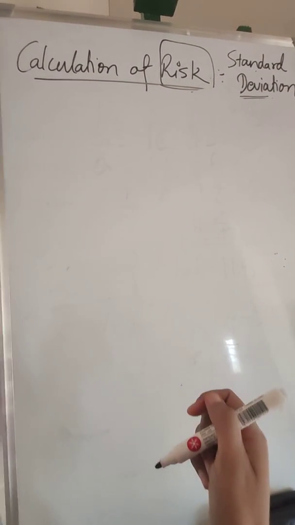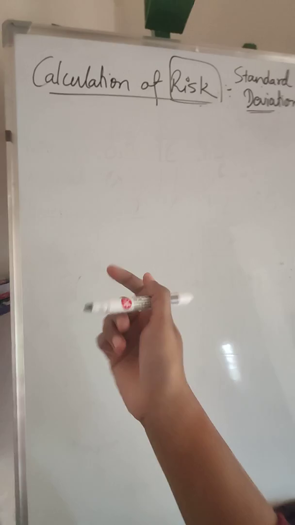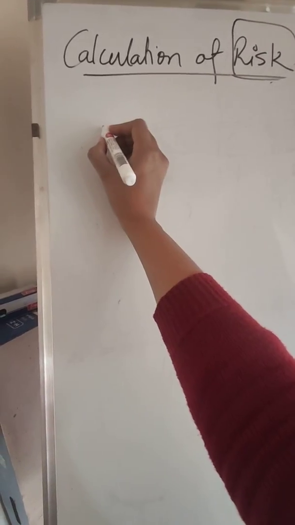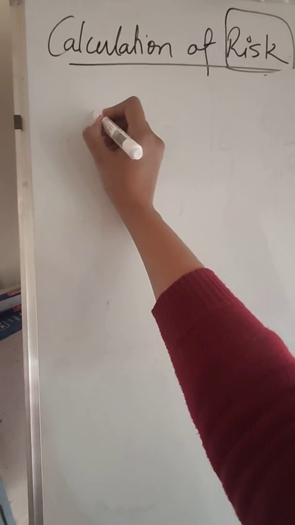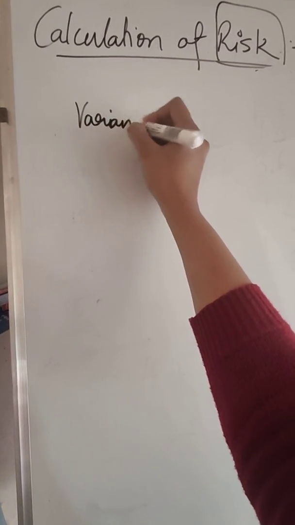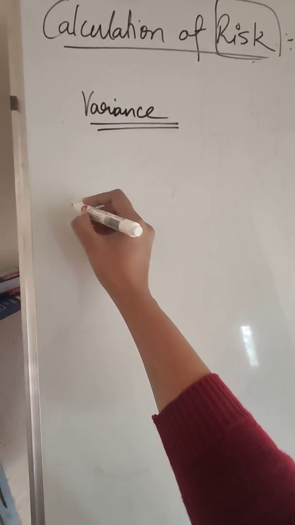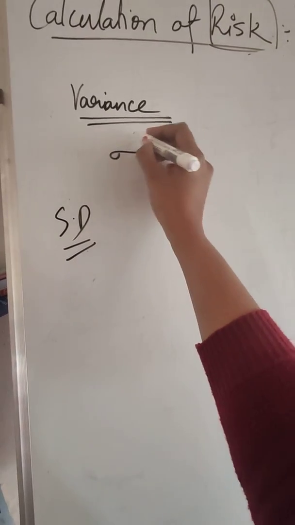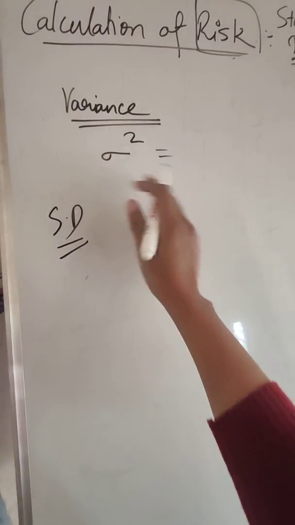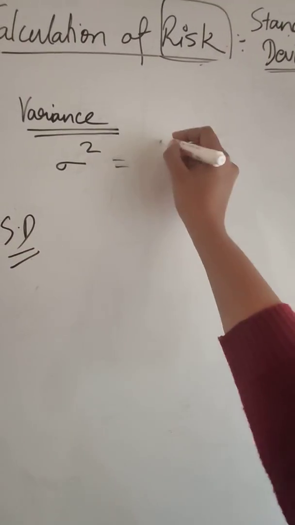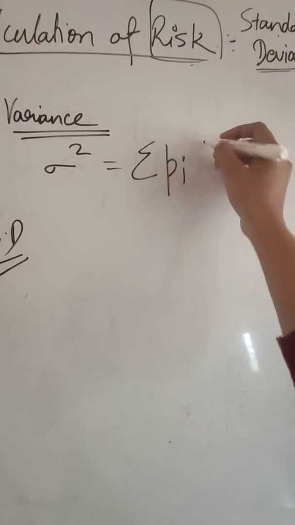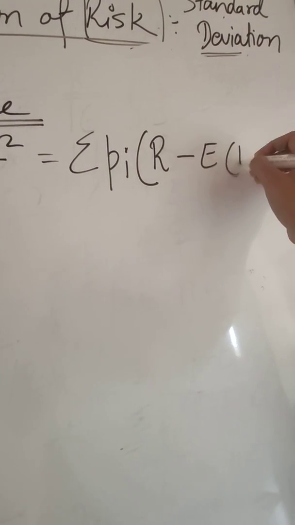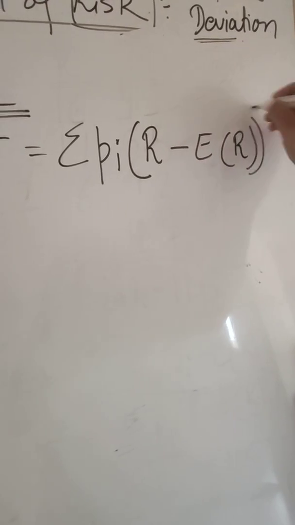So here, how will you calculate? The calculation of risk is very simple. It is again based on one formula. If you remember, there is a concept of variance, and if you take the square root of it, that will be your standard deviation. Variance is calculated as sigma pi into return minus expected return, square.